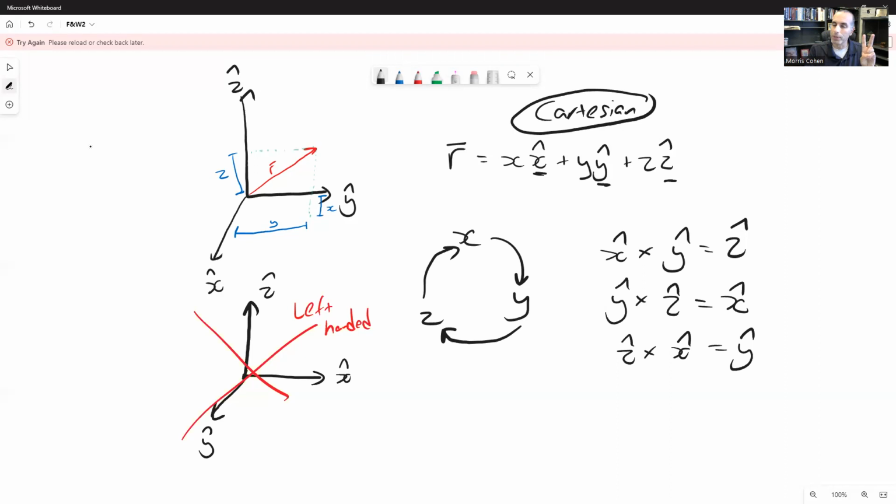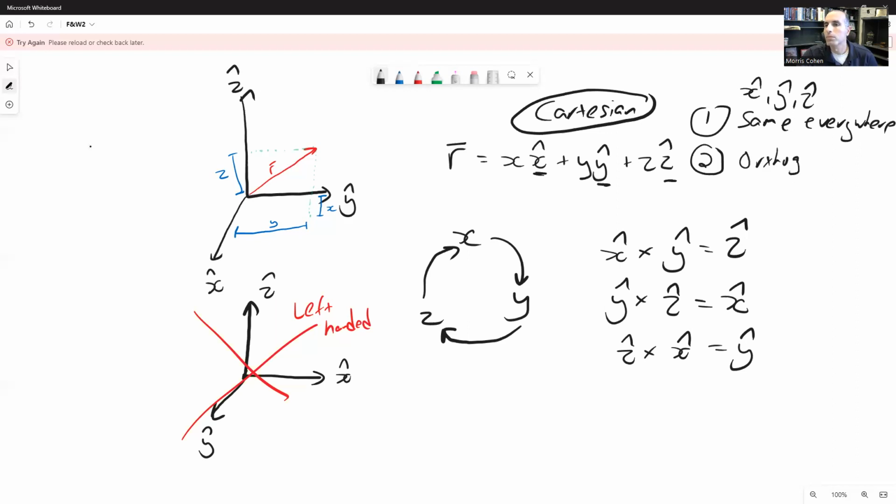Those two properties: they are the same everywhere, and they are all orthogonal. Property number two, we can count on holding as we move on into the next two coordinate systems. Property number one, we cannot rely on. That is going to change.